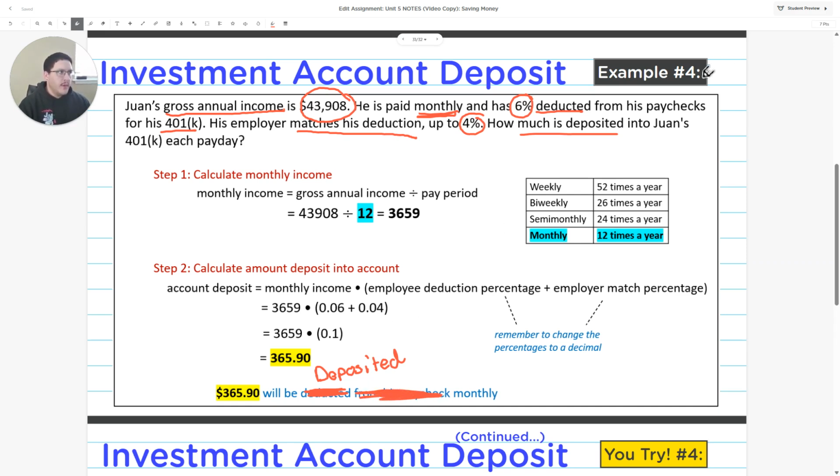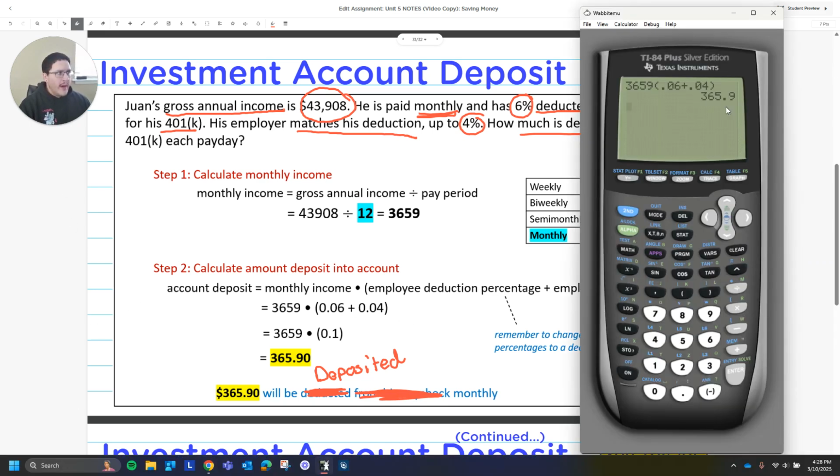And that's it for example number 4. If we wanted to know how much he will get deposited monthly, we just take 3659 and then multiply that with 0.06.